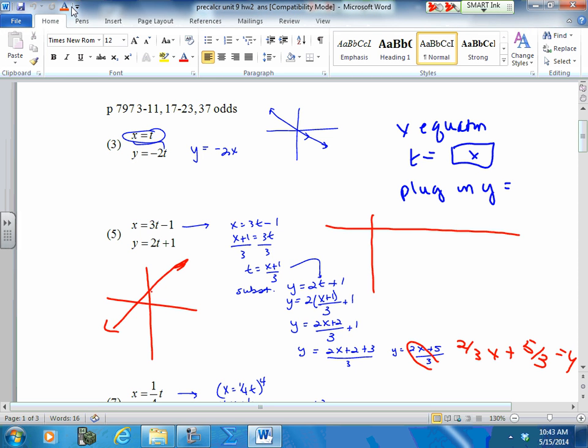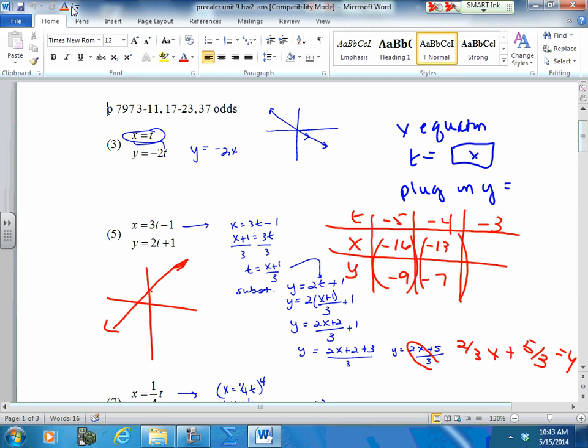Just like, real briefly, you had a t, you had an x, you had a y. So we did this. These guys are your x-y pairs. If you graph this in your calculator and you look at these values of x, you will find that value of y. So it's eliminating your parameters to make us a rectangular equation.